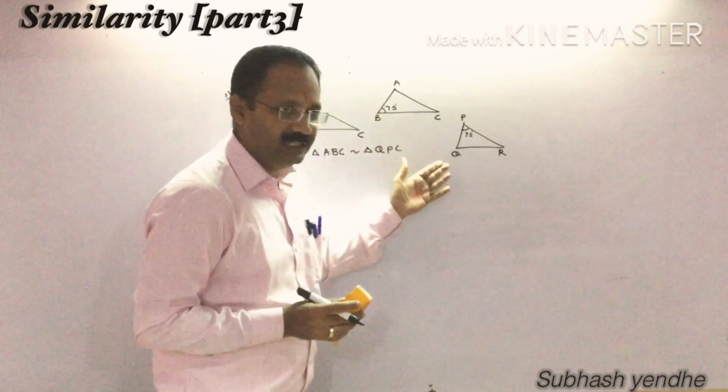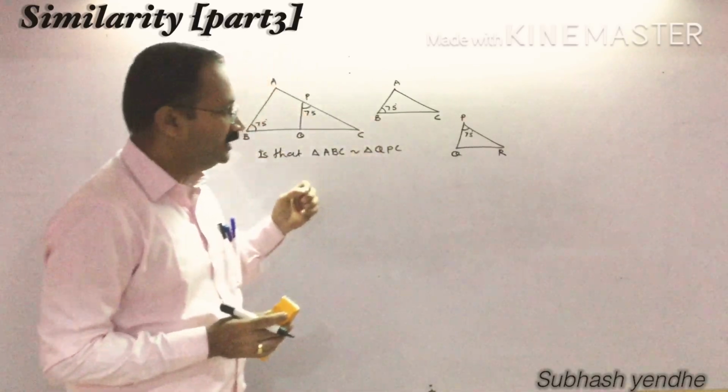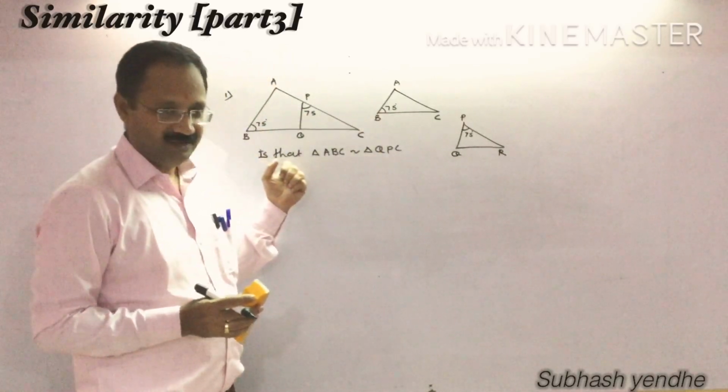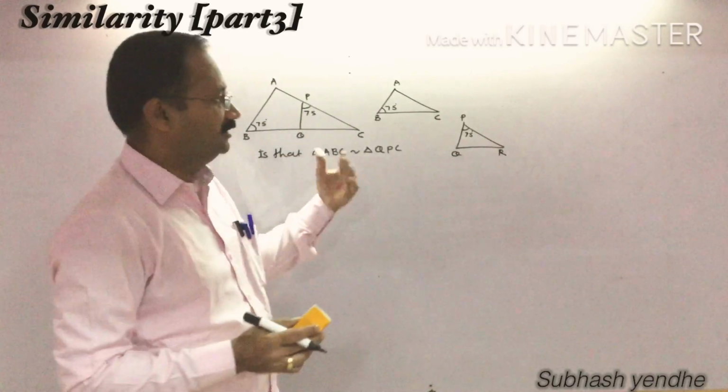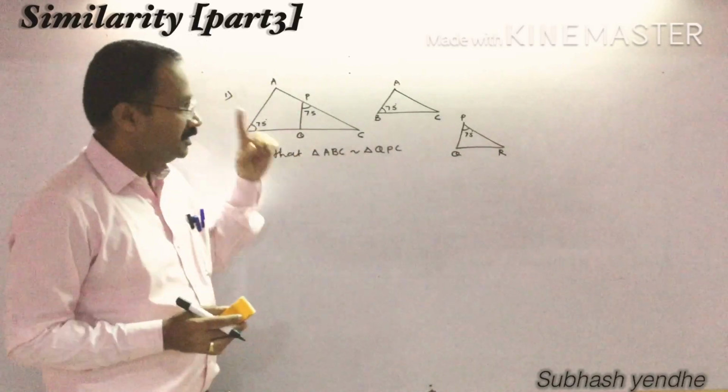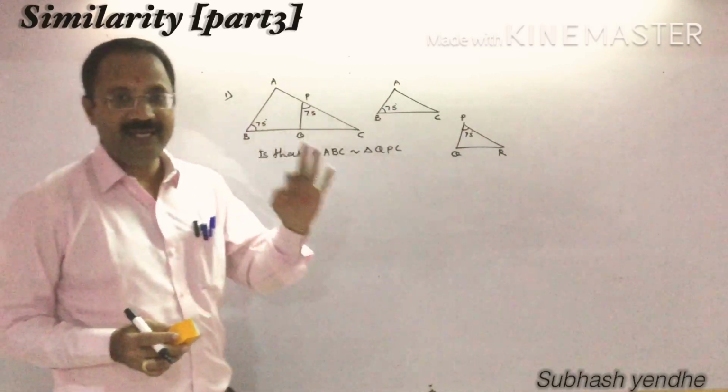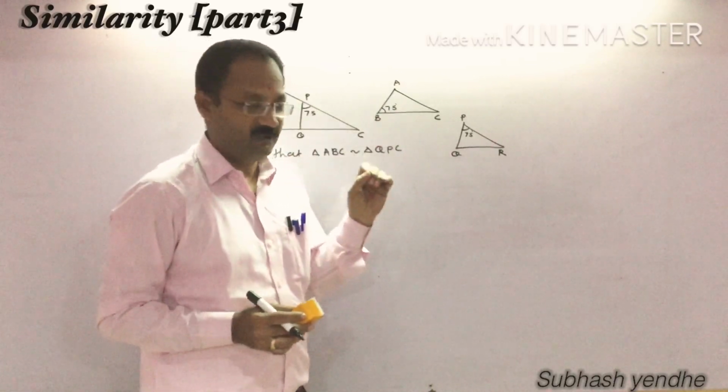To show the triangles are similar, we need three things. Either from AA test, from SAS test, or SSS test. Remember that AA test is very important for us.